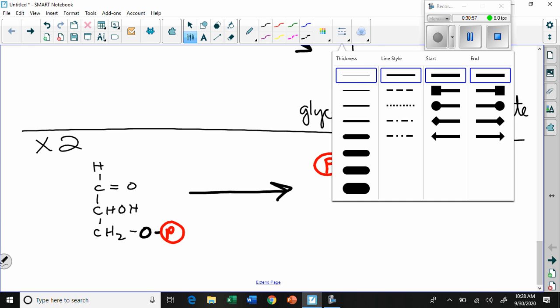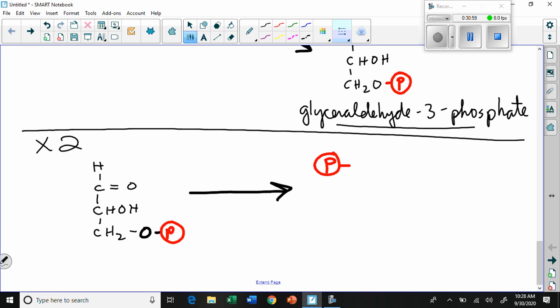And then we're going to have our little O here and a C and a double bond O. And then we're going to have a CHOH underneath. And then a CH2 and an O and another phosphate on this side.